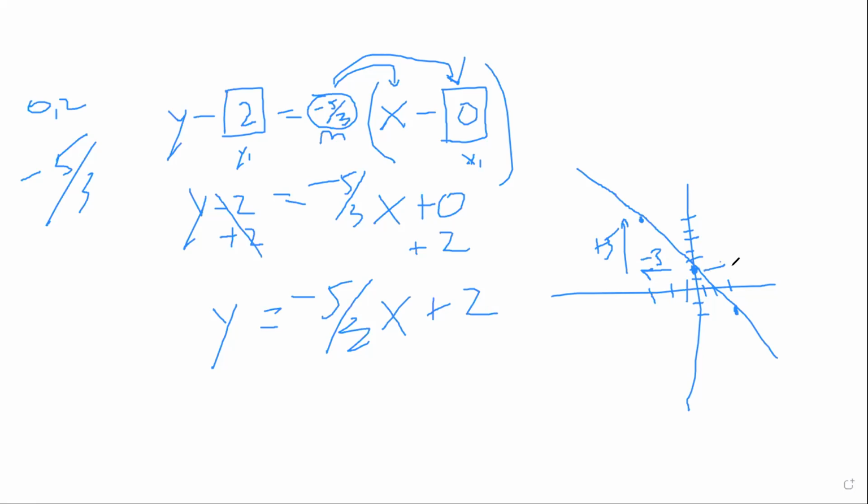Now if I go the other direction, I'm going to end up on the line no matter what, as long as I repeat the correct sequence and the correct number of spaces in the move. Because now I'm going to the right 3 and down 5. Down 5 is still negative.